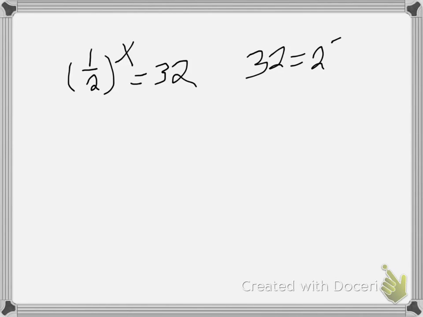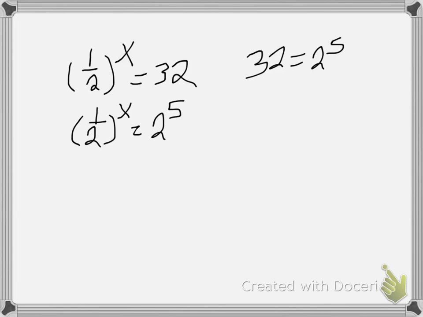So we have 1/2 to the x power is equal to 32. Well, again, we want the same base. How can I get 32 to the 1/2 base? Well, I know that 32 is equal to 2 to the 5th. So I can rewrite this as 1/2 to the x is equal to 2 to the 5th. But that's still not the same. But I can change this 2 to the 1/2. How can I do it?